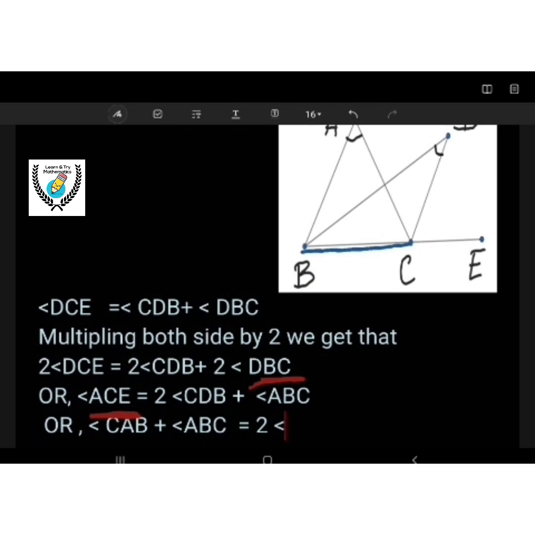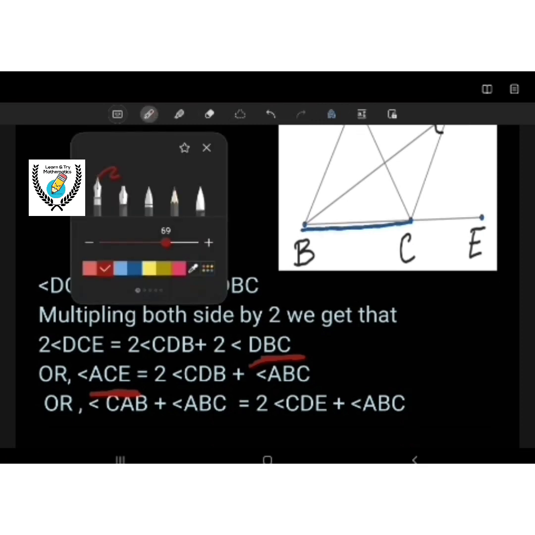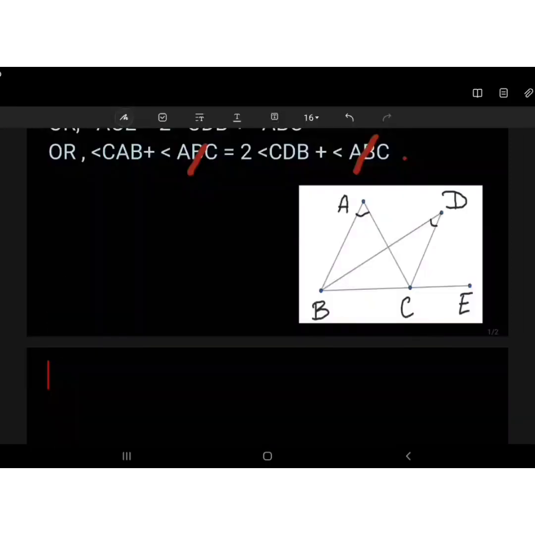equal to 2 angle CDB plus angle ABC. Both sides we have ABC, so eliminating angle ABC from both sides we have angle CAB equal to 2 angle CDB.